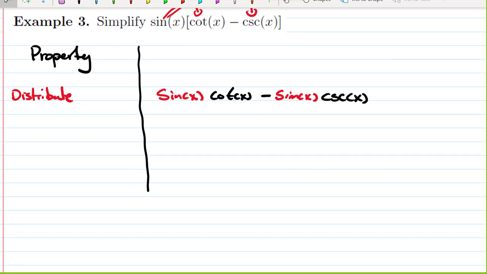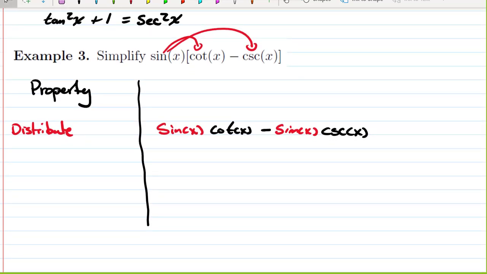And then I'm going to use the definition of cotangent. The definition of cotangent is that the cotangent is the same as cosine divided by sine.